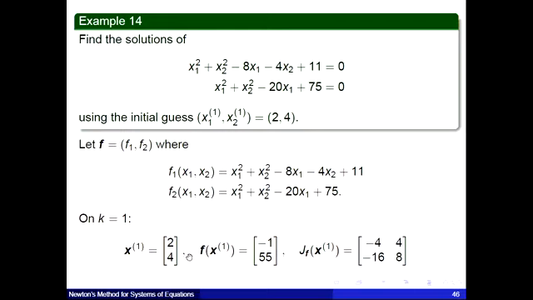And when k equals 1, then you can compute x^(1) to be like this. And the Jacobian, so what is the Jacobian in this case?